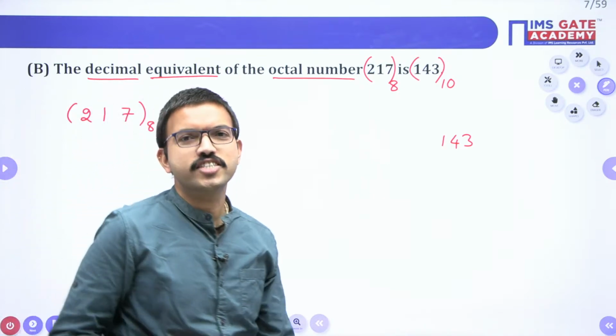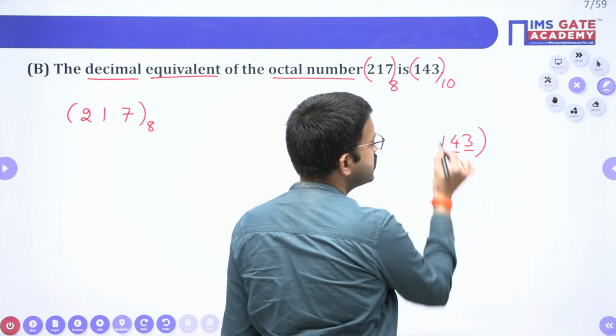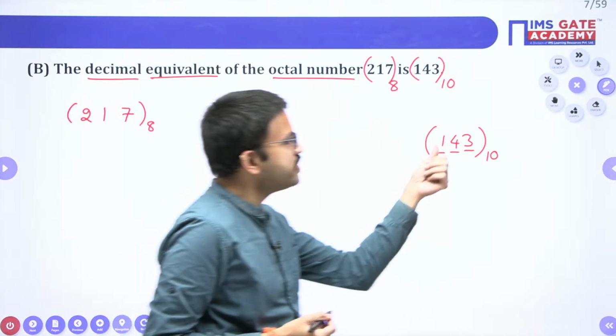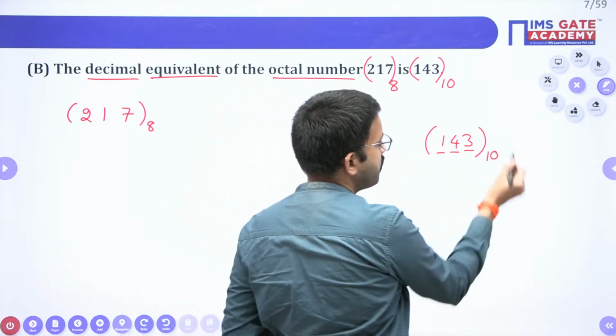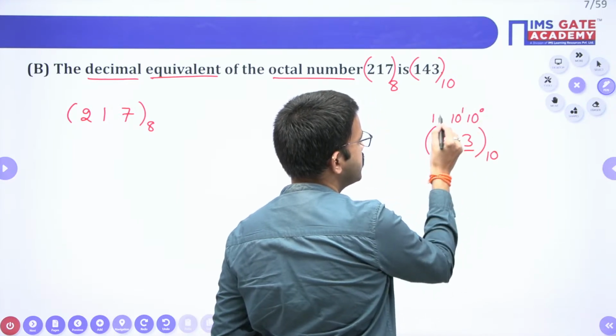Yes, very good, Kandan. Here you have 3 digits. All 3 digits belong to the base 10 number system. So each and every digit has its respective positional weight. Since the base is 10, the positional weights will be in powers of 10: 10 power 0, 10 power 1, 10 square.